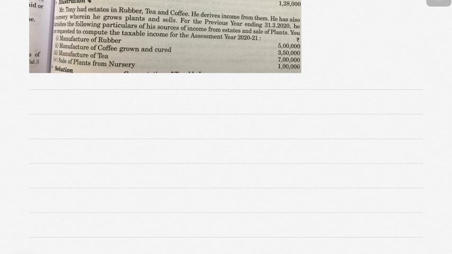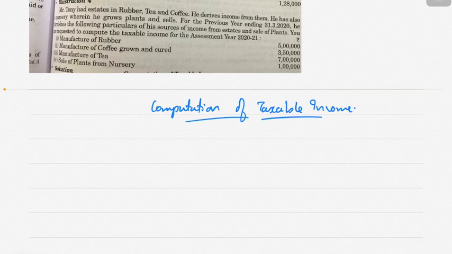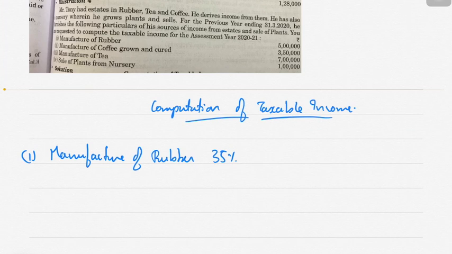So computation of taxable income. Taxable income is asked. First one is manufacture of rubber. 35% is considered as business income.